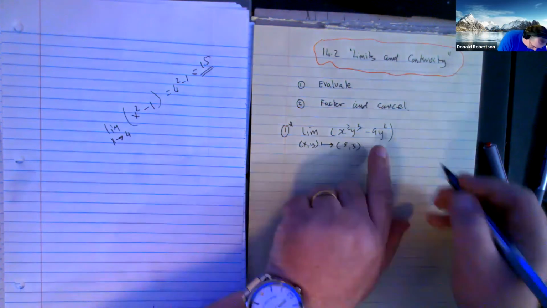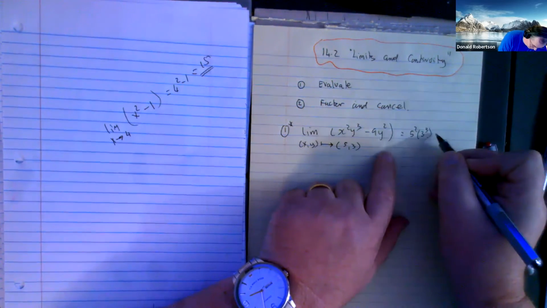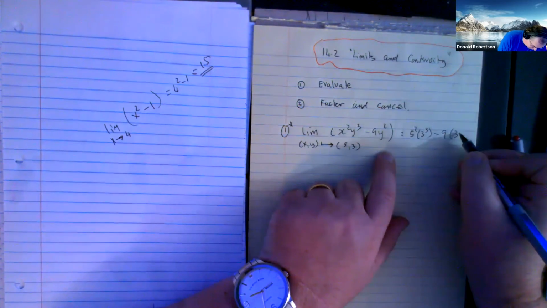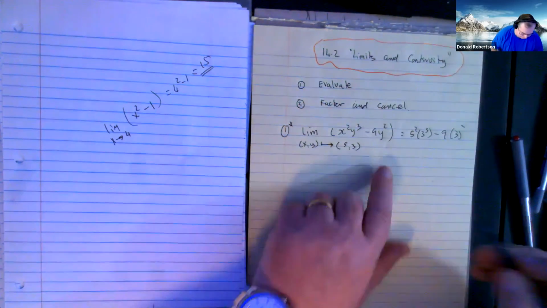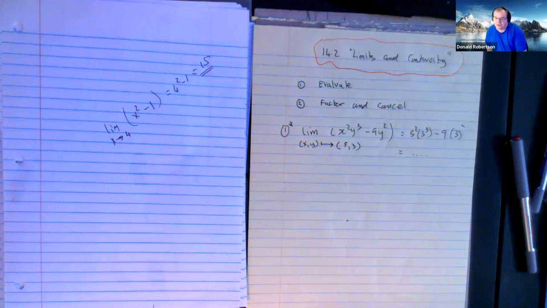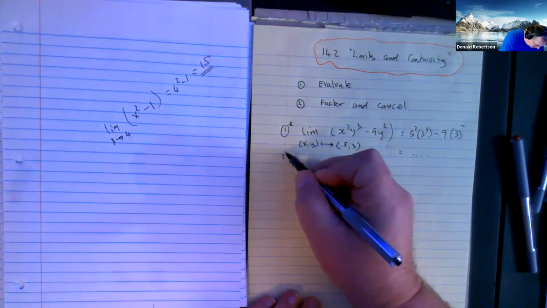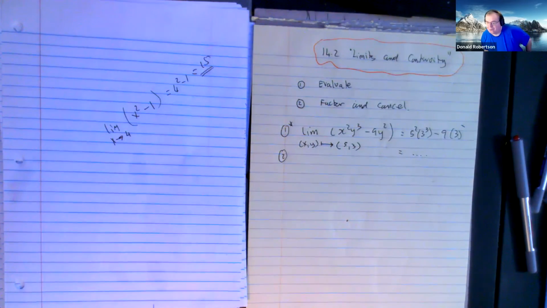Well, in this case, wouldn't the answer be 5 squared times 3 cubed, take away 9 times 3 squared? I don't know what the answer is and I'm too lazy to find out. So your first job will be to plug in a number, and if you get an answer, you're done. And that'll actually get you by the first 2 questions.